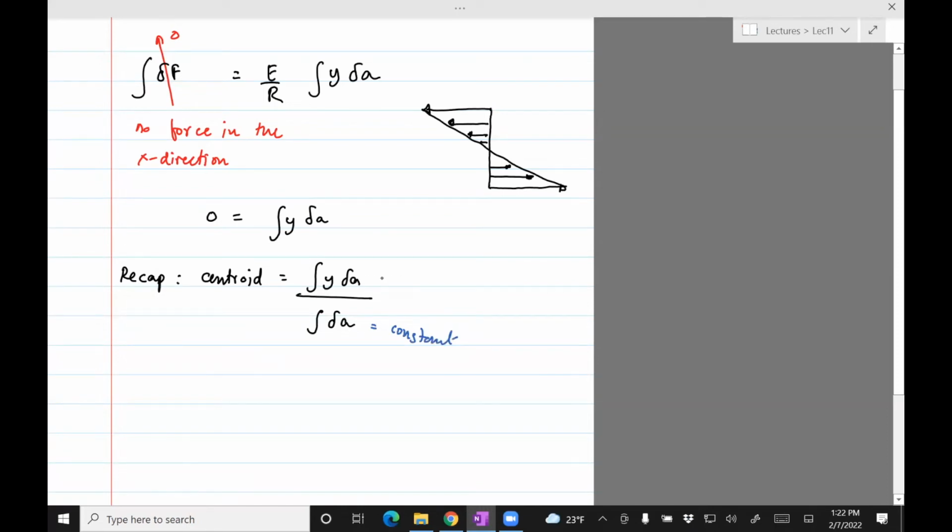So this term is equal to 0. So it's saying that the centroid is at 0, and hence the centroid is the neutral axis.